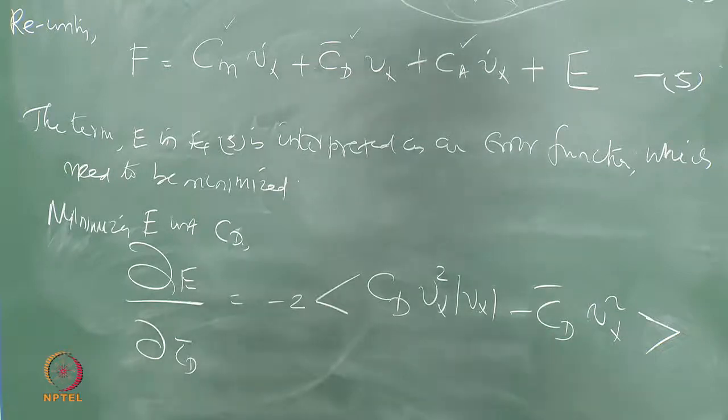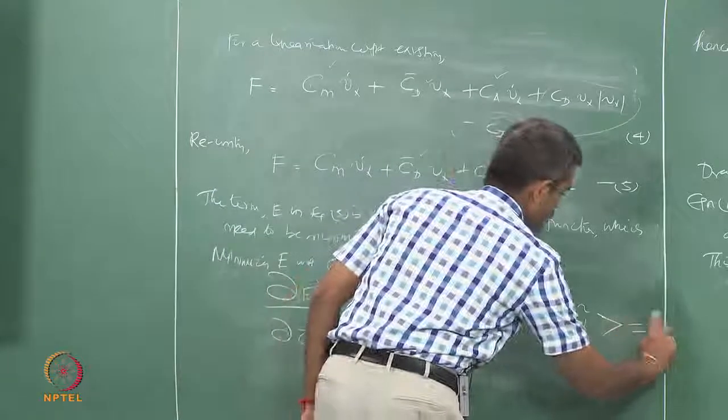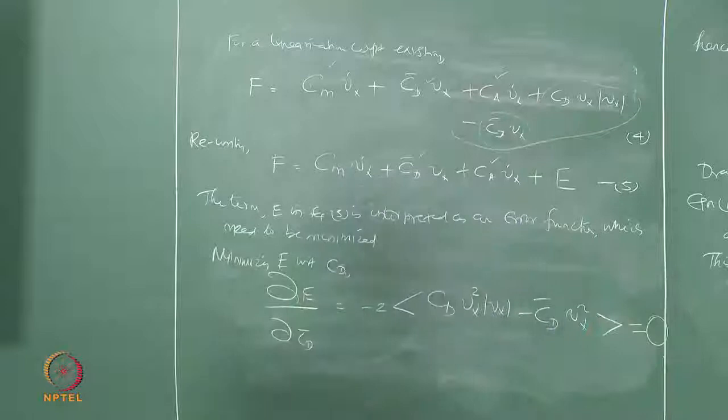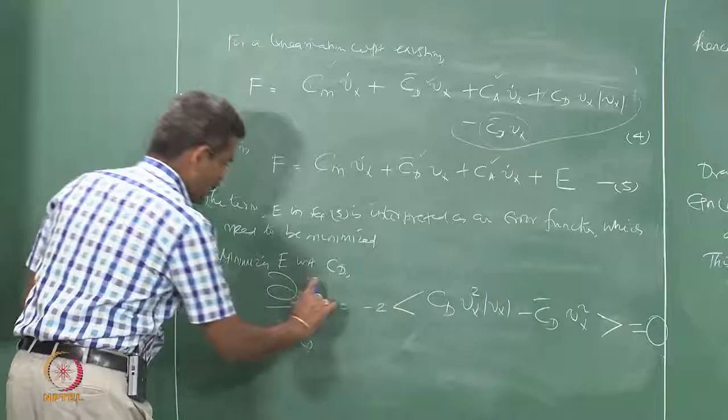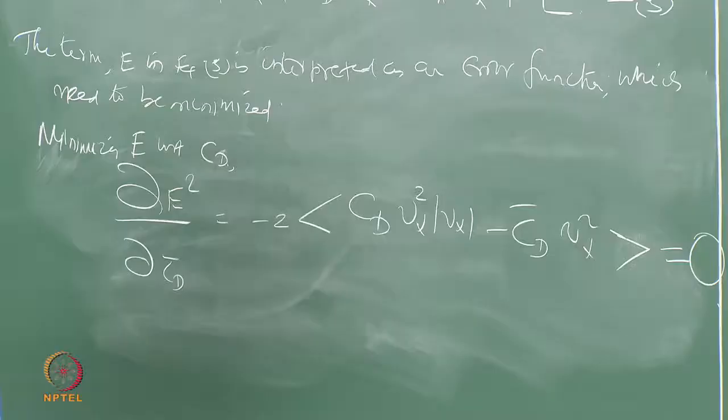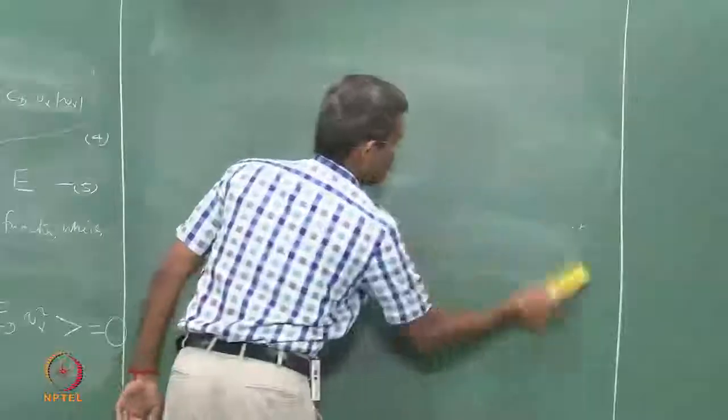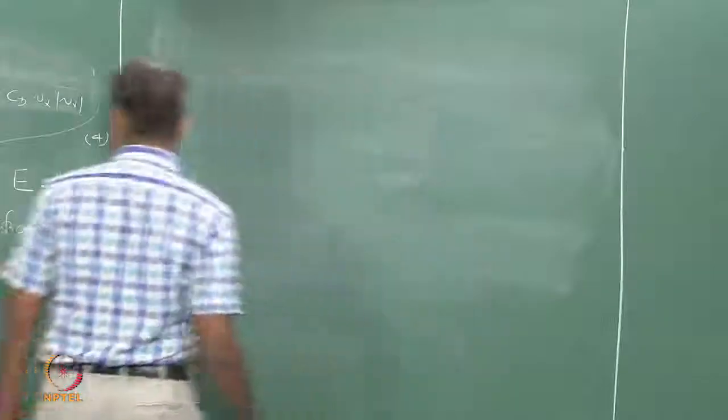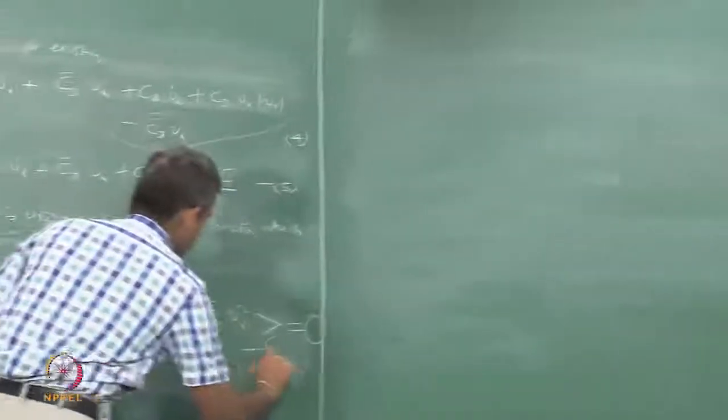I must set this to 0 because I am minimizing the square of the error function. Once you do that and perform the operation of minimization with respect to CD bar, you will get, let me call equation number 6.